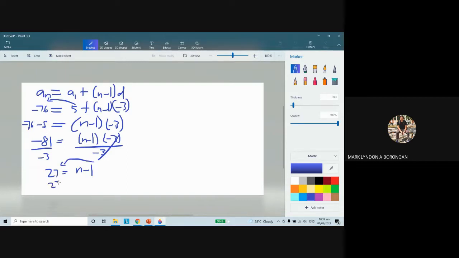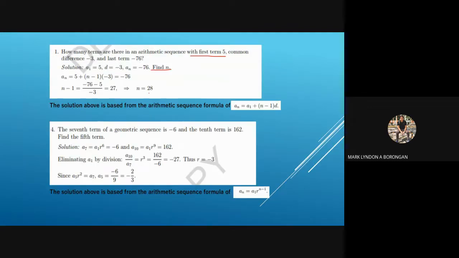So, 27 plus 1 is equal to n. 27 plus 1, that is 28, is equal to n. So n is equal to 28. That's all.